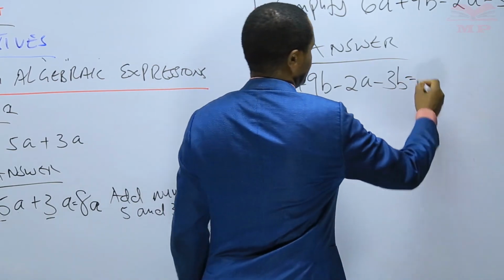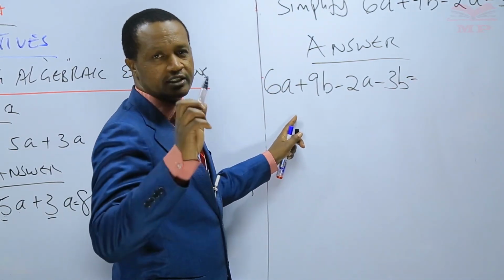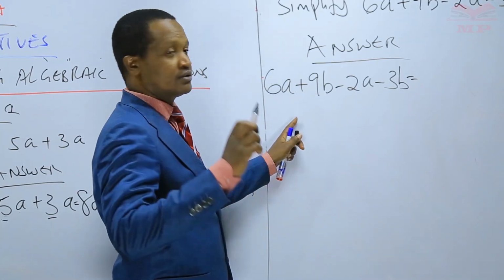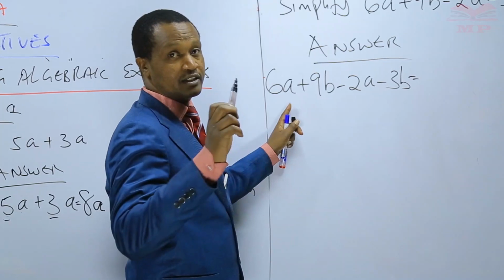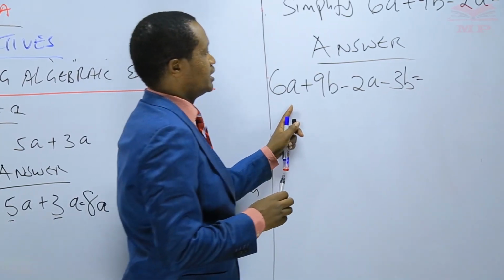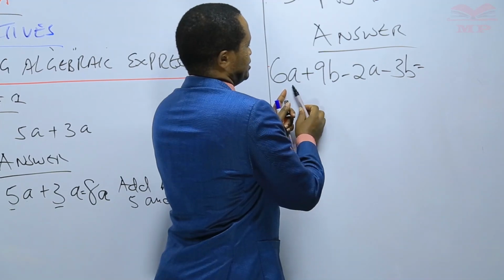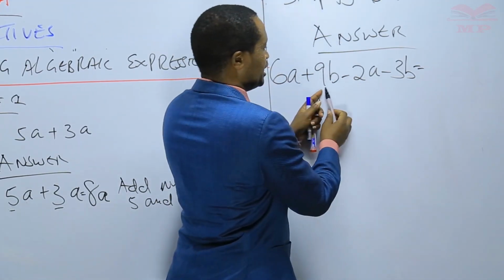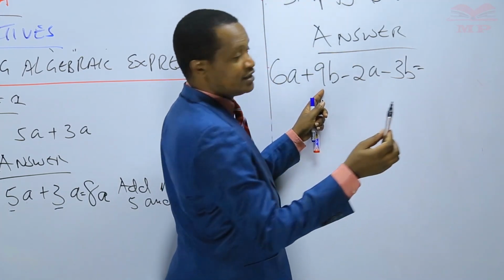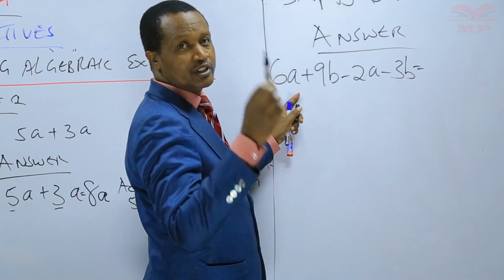So the first step, we need to collect the like terms. Like terms here are 6a, which is like 2a, and 9b, which is like 3b. So we put the like terms together.